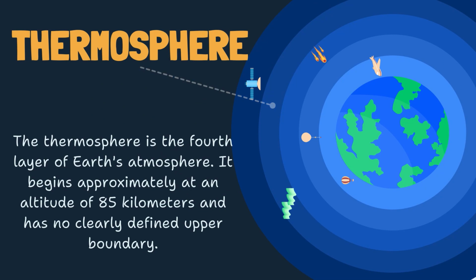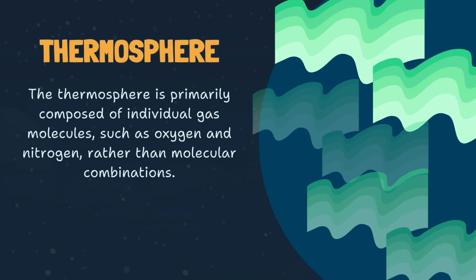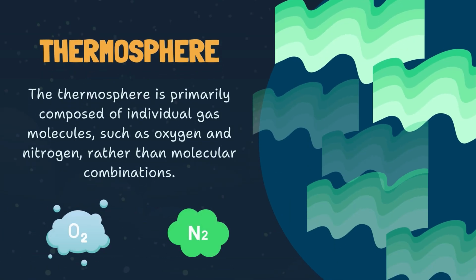Next, the fourth layer, thermosphere. The thermosphere is the fourth layer of Earth's atmosphere. It begins approximately at an altitude of 85 kilometers and has no clearly defined upper boundary. The thermosphere is primarily composed of individual gas molecules such as oxygen and nitrogen.